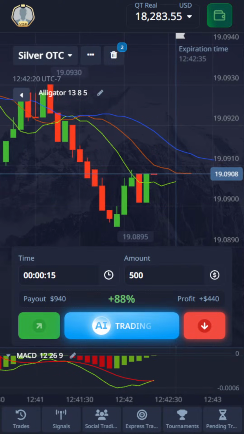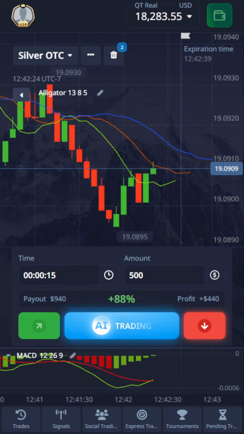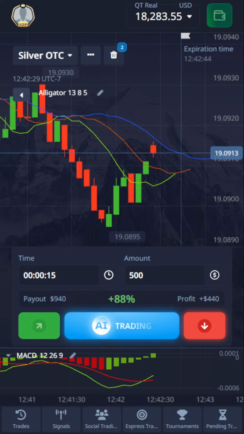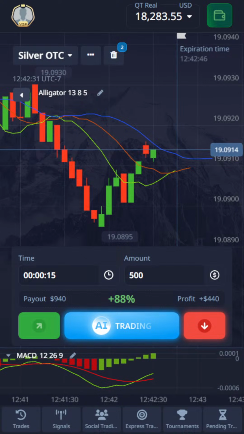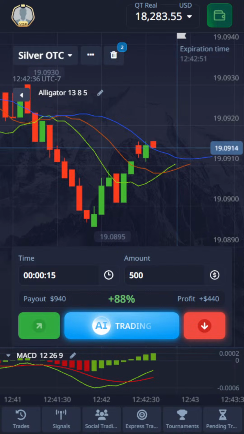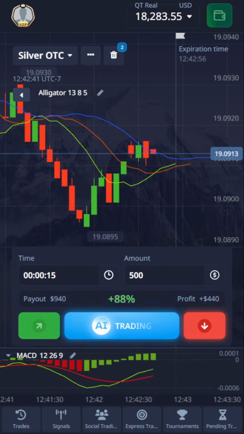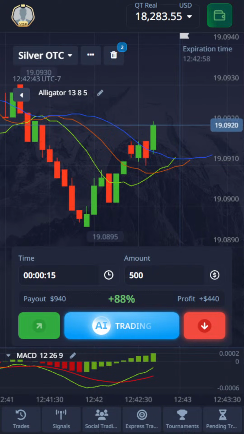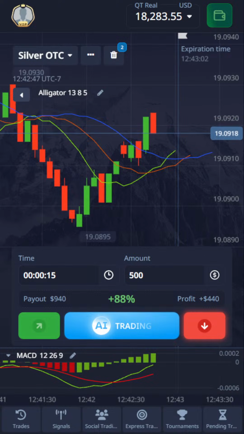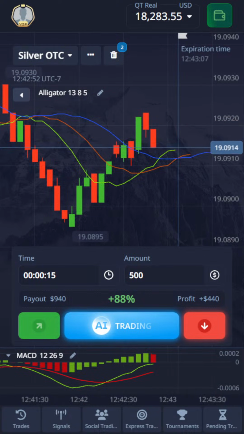So we have the MACD line and then we have the signal line. The MACD line is that green line you are seeing there. Then the red line is the signal line. Whenever the MACD line crosses above the signal line, then we are to buy, right? Whenever it crosses below the signal line, we are to sell. So it makes life easy like that.